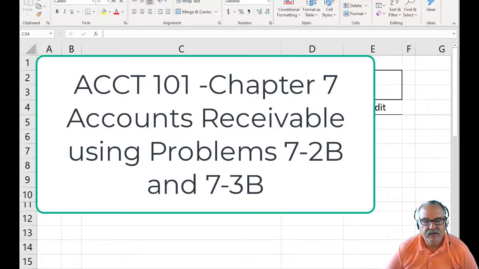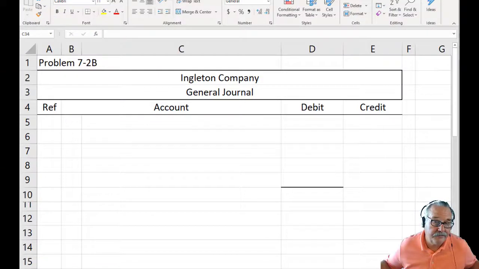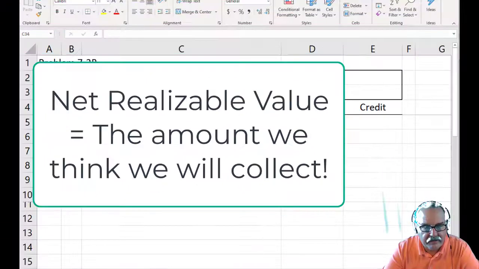Either they've gone bankrupt or they just, for whatever reason, are deadbeats. So that happens. And in fact, the reason we extend credit is to stimulate sales.